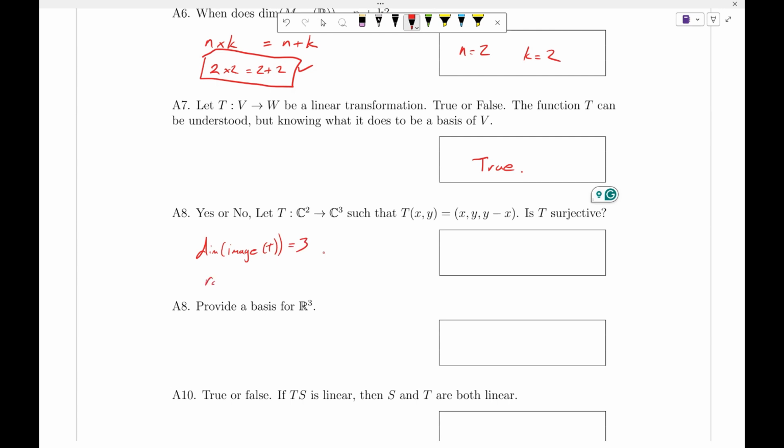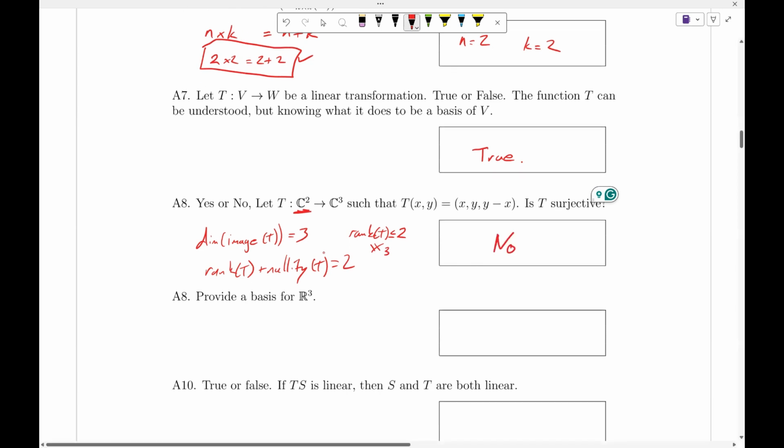But with our rank nullity theorem, this has to equal 2 because that's the dimension of V, which means that the rank is less than or equal to 2. So the rank does not equal 3. So this is no. We can't be surjective just by our dimension bound.